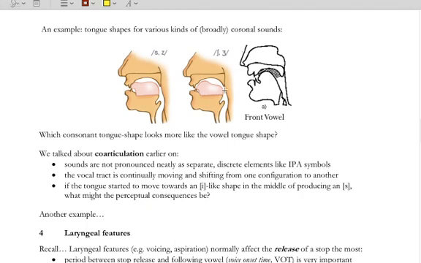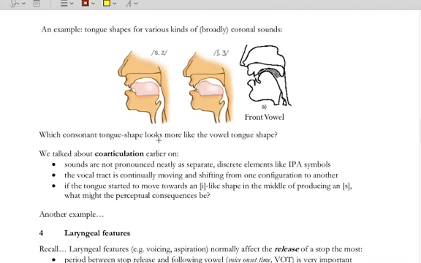They're going to have relatively similar tongue configurations. However, if you're moving from an anterior fricative to a high front vowel, as in an S-E sequence, this is going to need to involve some changing and reconfiguring of the tongue blade and the tongue tip as you're moving from this sound to this sound.